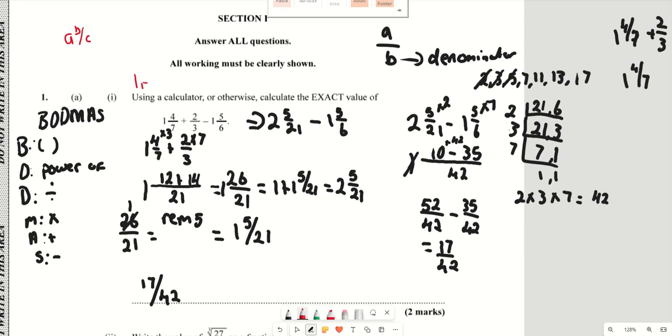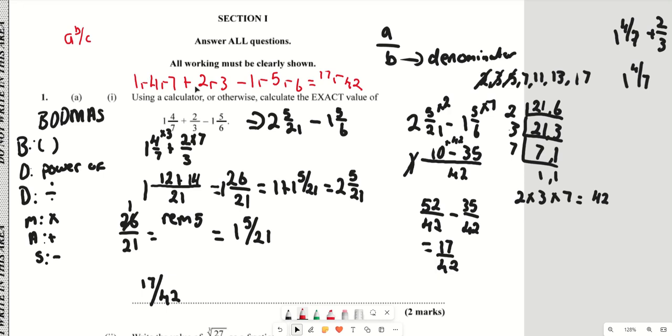You'll hear me saying over, right? 4, then you're going to press the over button again. 7, right, plus 2 over 3 minus 1 over 5 over 6. And when you do this, you're going to get the exact answer, 17 over 42, which is the answer we got here, right? And that is how you would do it on your calculator.